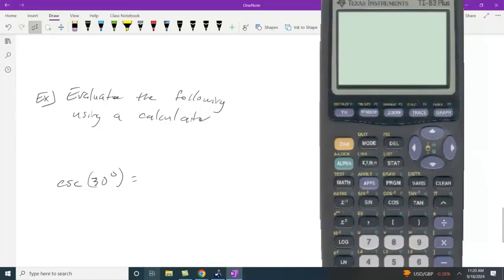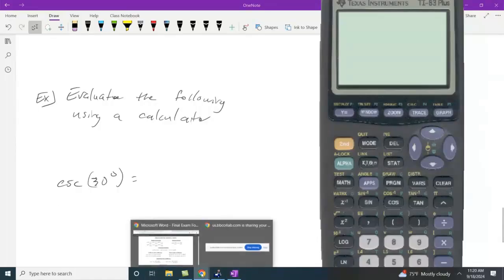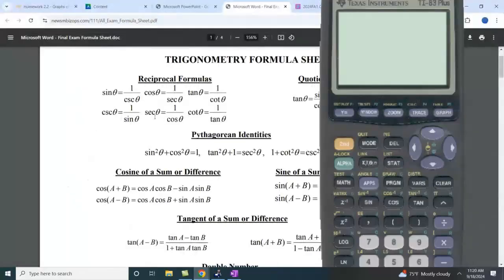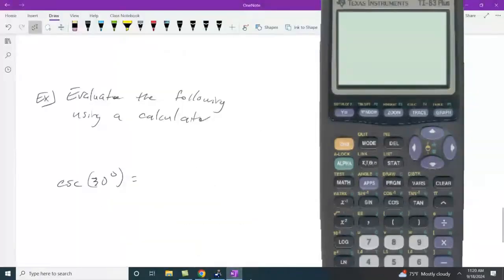How would I actually put this in my calculator? Well, in order to put this into the calculator, I must use a reciprocal function. So cosecant is equal to 1 over the sine. If I'm going to put this in my calculator, I have to put it in as 1 divided by the sine of 30 degrees. So I'm going to do that.